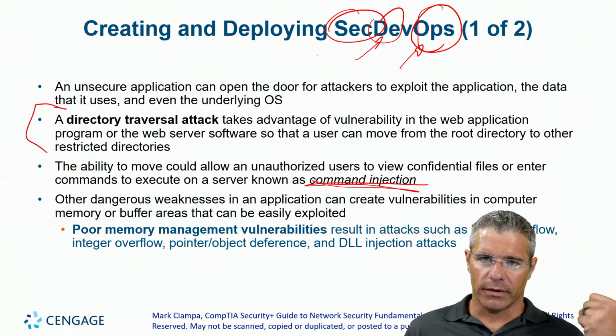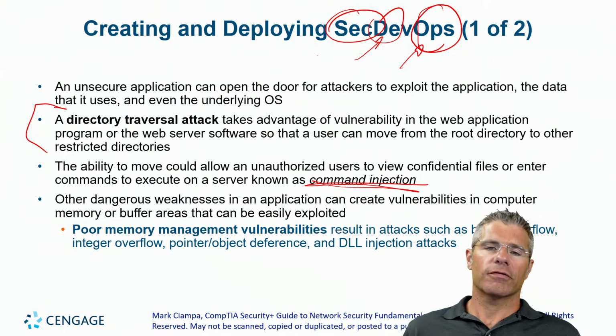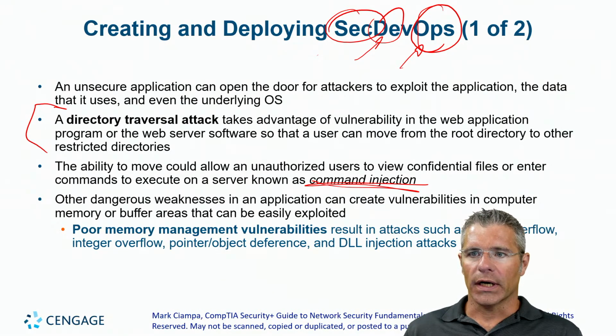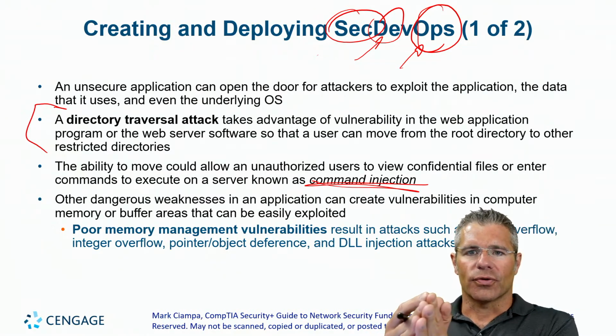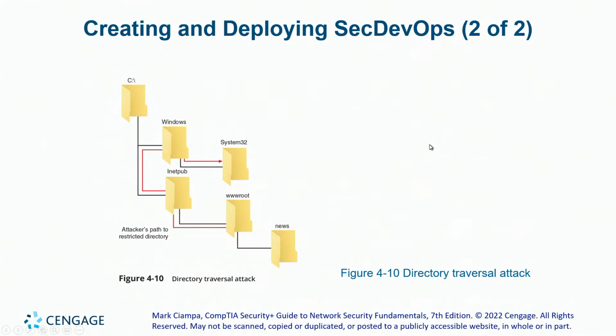If you recall back to the OWASP top 10 from 2018, command injection is number one on that list. And then beyond that, there's all the buffer overflow, integer overflow, memory problems that you can potentially have. Object dereferencing, there's a whole list of potentially bad attacks that can flow from that.